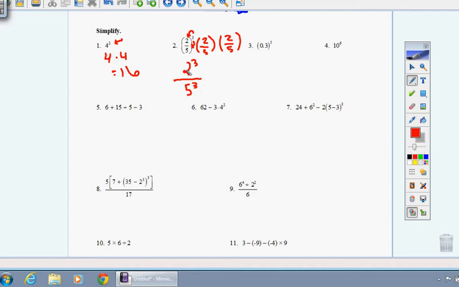Now, remember, 2 cubed does not mean 2 times 3. 2 cubed means 2 times 2 times 2. And 5 cubed does not mean 5 times 3. It means 5 times 5 times 5. So 2 times 2 times 2 is 8, and 5 times 5 times 5 is 125. So our final answer would be 8 over 125.